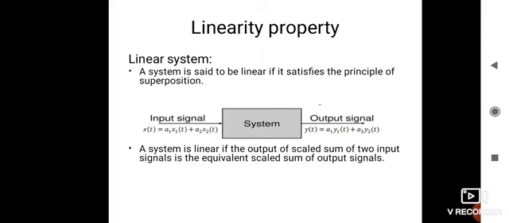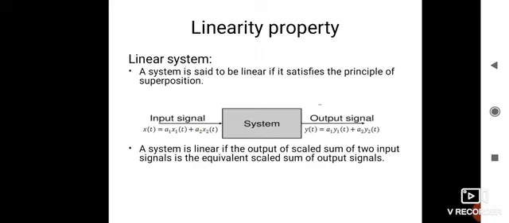Okay, let us discuss it briefly. Suppose we consider one system where I give the input x1(t) and get the output y1(t), and in the same system the next input is x2(t) and the output is y2(t).